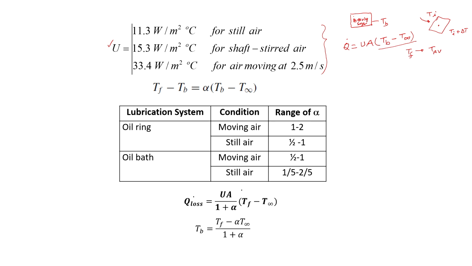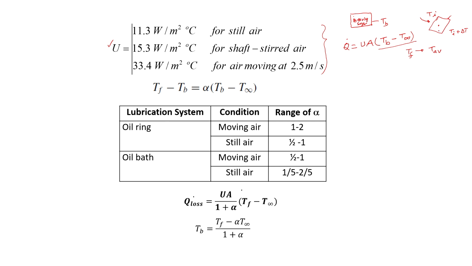So, this Tf is based on the T average, and this Tb, the block temperature, can be taken as uniform because this is usually made of metal and we can consider isothermal condition.